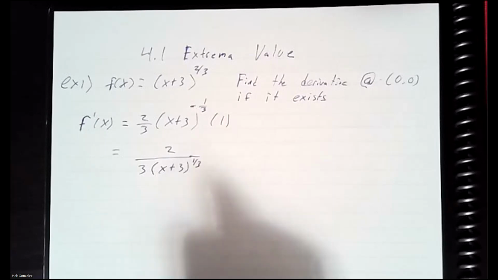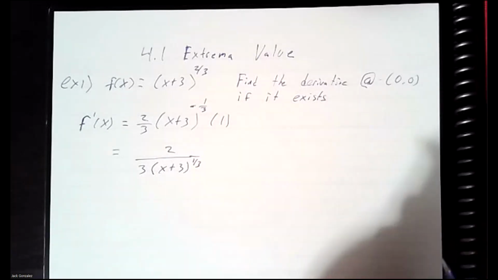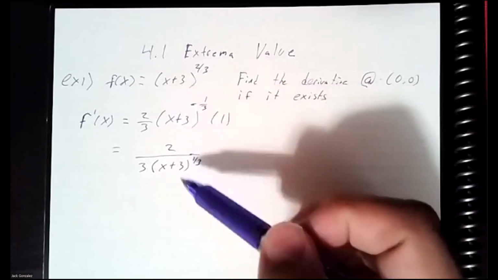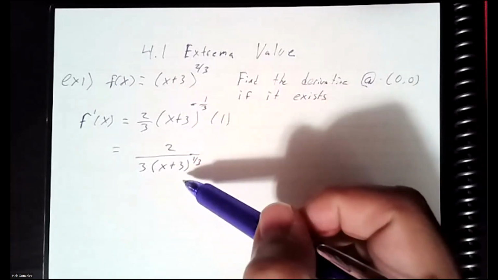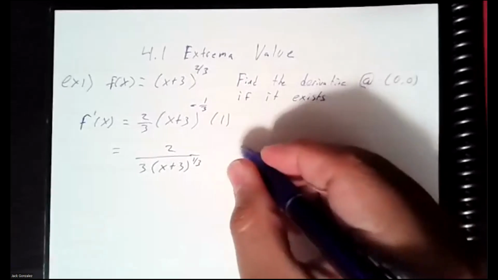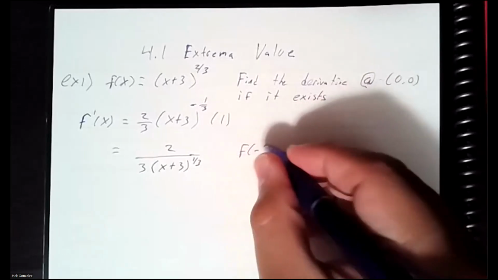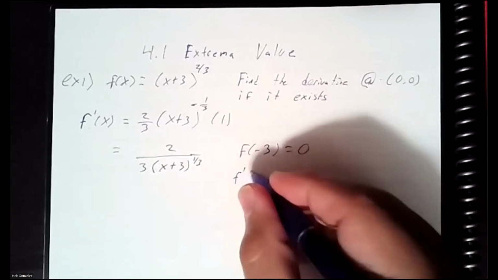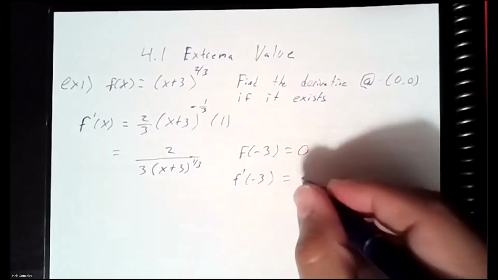So notice that here, -3 is fine, but over here it becomes an undefined point, right? Because of that, it is an extremum. So f of -3 is equal to 0. The derivative at -3 is undefined.